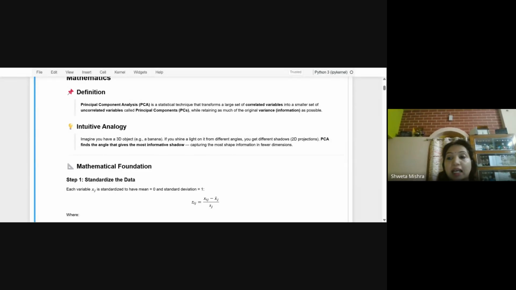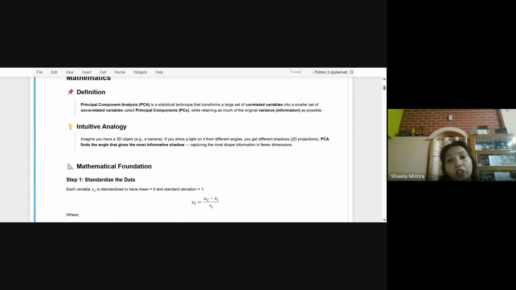So you can say that PCA is a statistical technique that transforms a large number of correlated variables into a smaller number of uncorrelated variables called principal components, while preserving much of the original information intact.